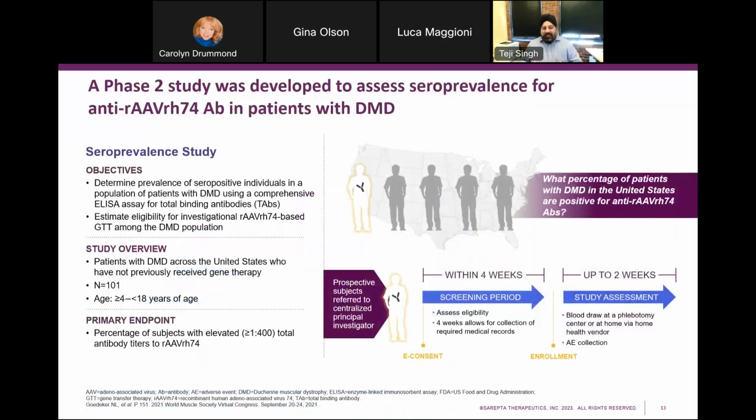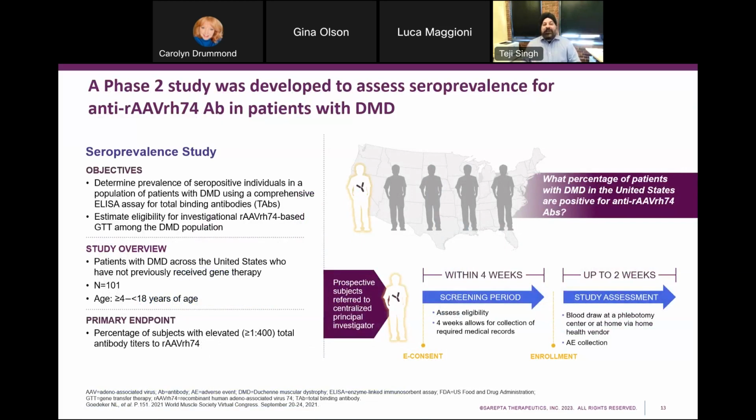In Sarepta's case, we have the ELISA method looking for Rh74 antibodies. And we did a phase 2 study to, one, validate the assay that we're using commercially, or will be using commercially, but also this study helped us understand the existing seroprevalence, or the existing number of patients with pre-existing neutralizing antibody, total binding antibodies.